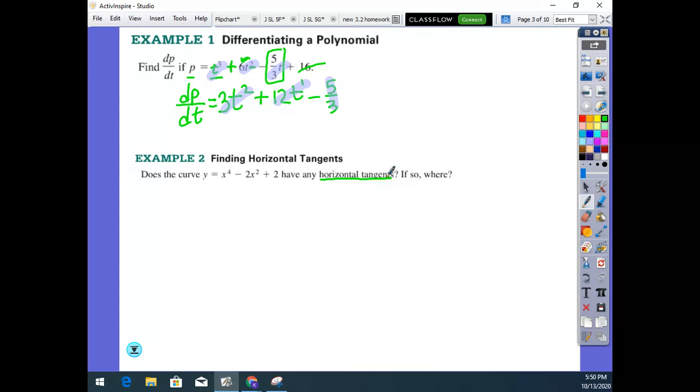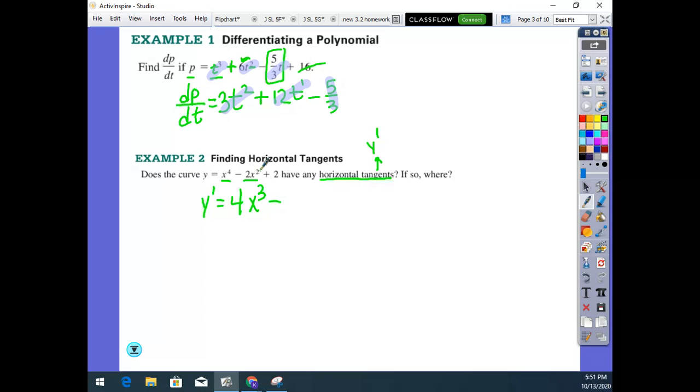Horizontal tangents. As soon as you see the word tangent, you're going to take the derivative of the equation. So the first thing I'm going to do is take the derivative. The derivative of x to the fourth is 4x to the third, minus the derivative of 2x squared.